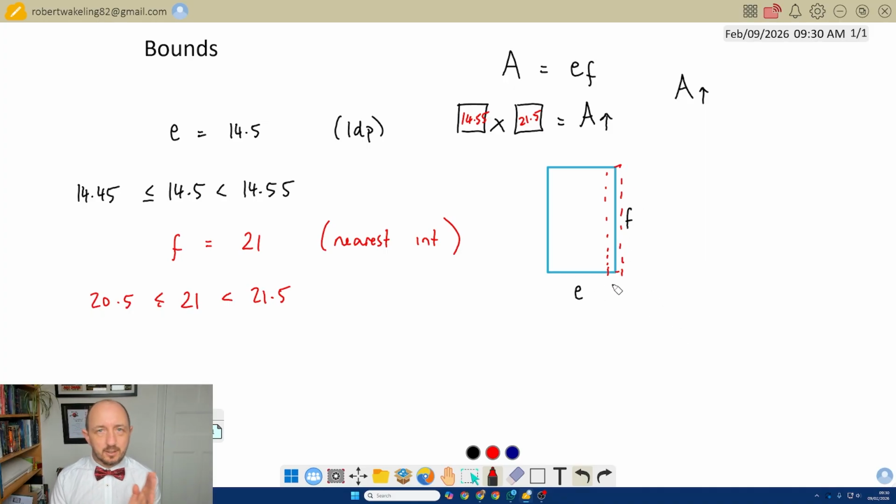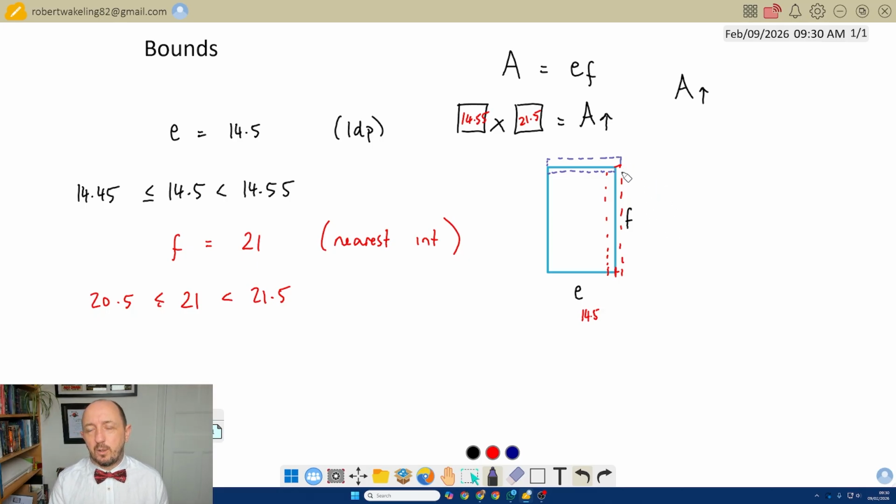That's the smallest length it can be and the biggest. So 14.5 normally, that would be the blue line, and then 14.45, 14.55 at the upper bound. If I do the same for F, then the smallest it might be would be something like this, and then the biggest would be something like this.